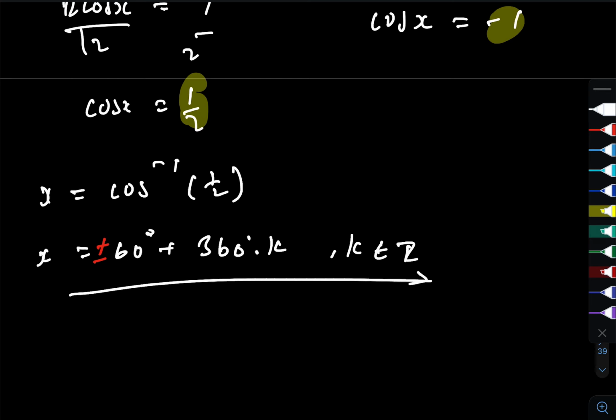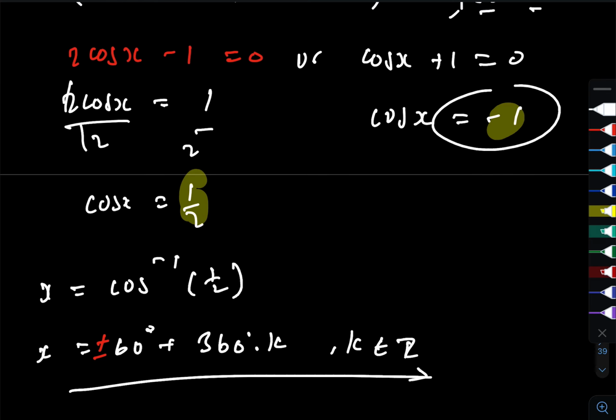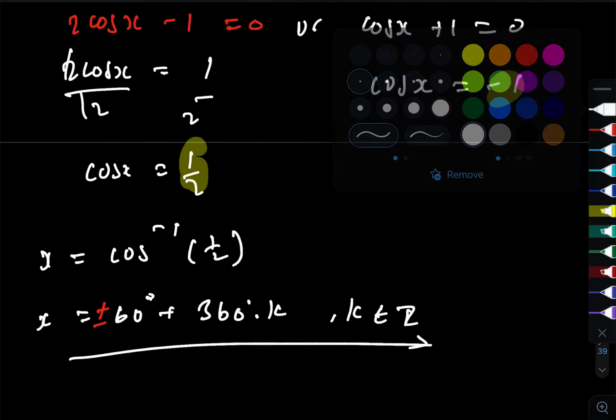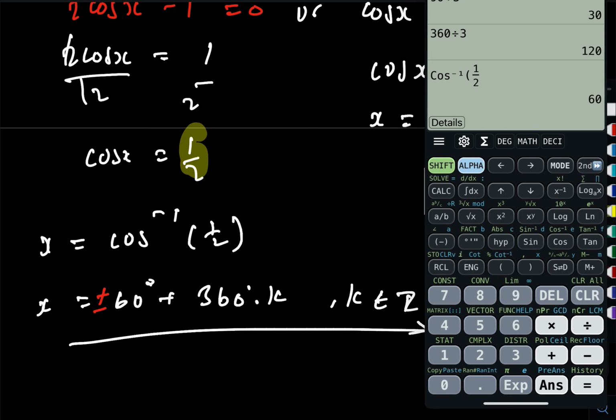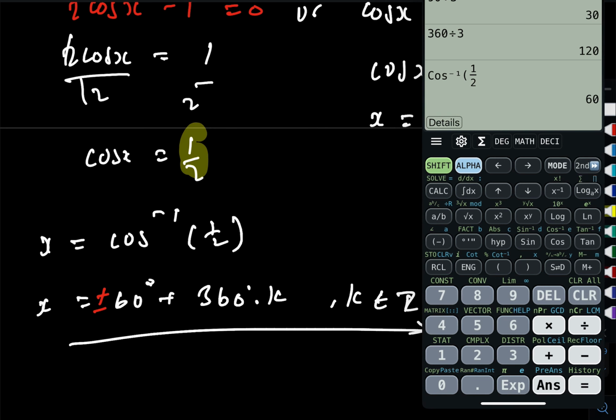Now, I'll be done for that one. But what about that one? If I'm going to do that one, I'm going to do the same thing. So x is going to be inverse cosine of negative 1. And again, for that, I will pull up a calculator. So it's shift cosine of negative 1. It's 180 degrees.